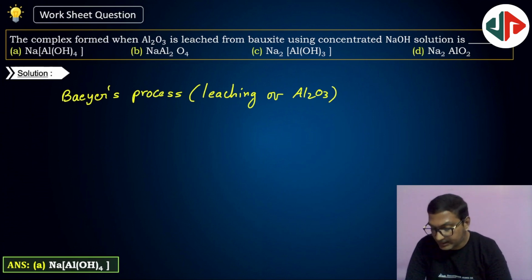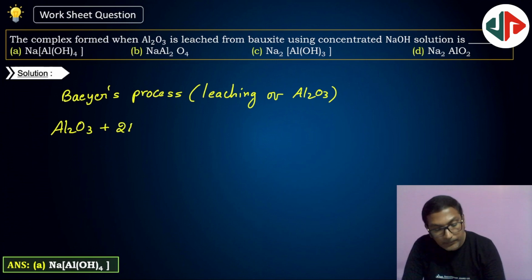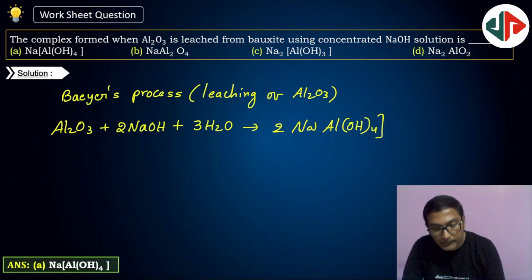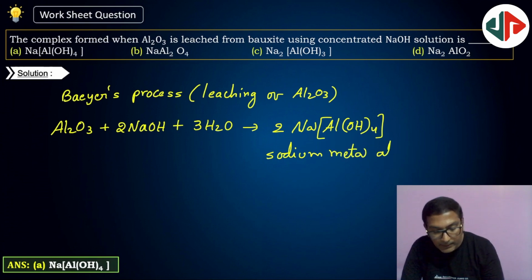The reaction will be Al2O3, the bauxite ore, plus 2NaOH plus 3H2O gives 2NaAl(OH)4. This is commonly known as sodium meta-aluminate.